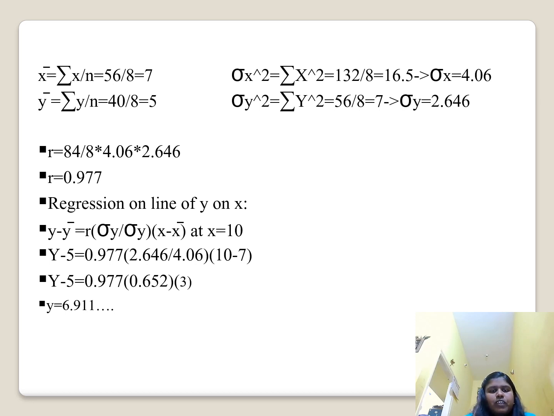We divide this and this to get 0.652, into 10 minus 7 which is 3. We multiply 0.977 into 0.652 into 3 and we'll get y is equal to 6.911.